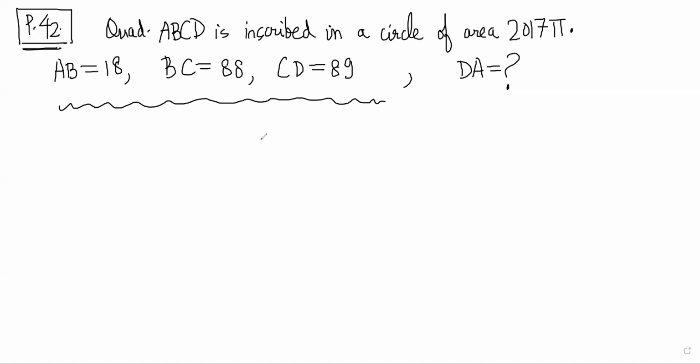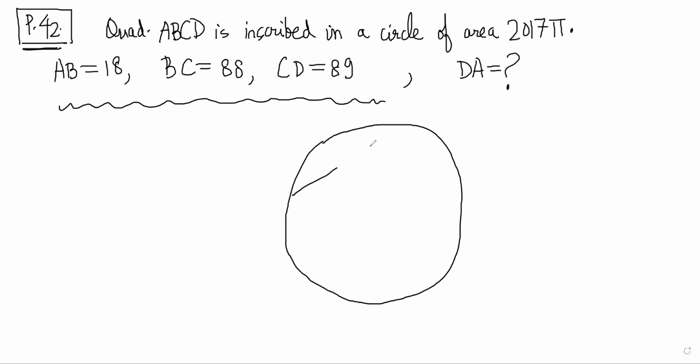Okay. Anyone getting anything? Sir, I've got an approach. Okay. What? Tell me. Sir, basically we first find the radius of the circle and it is coming out to be root 2070.